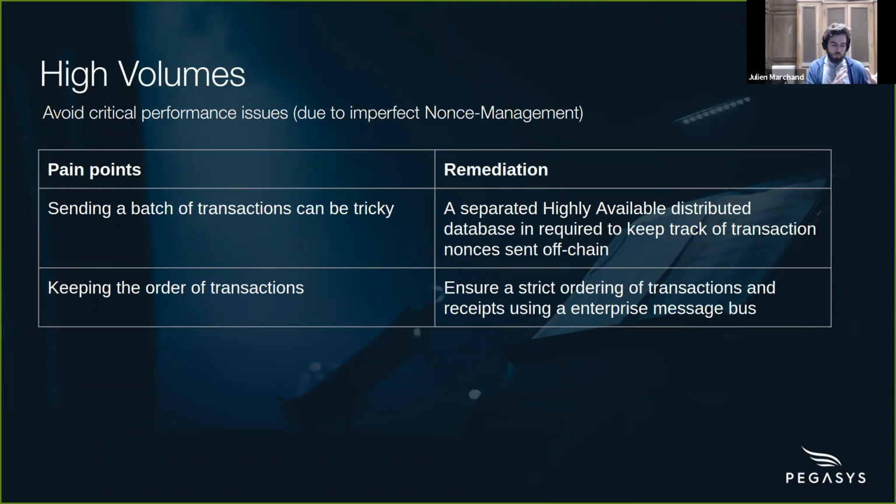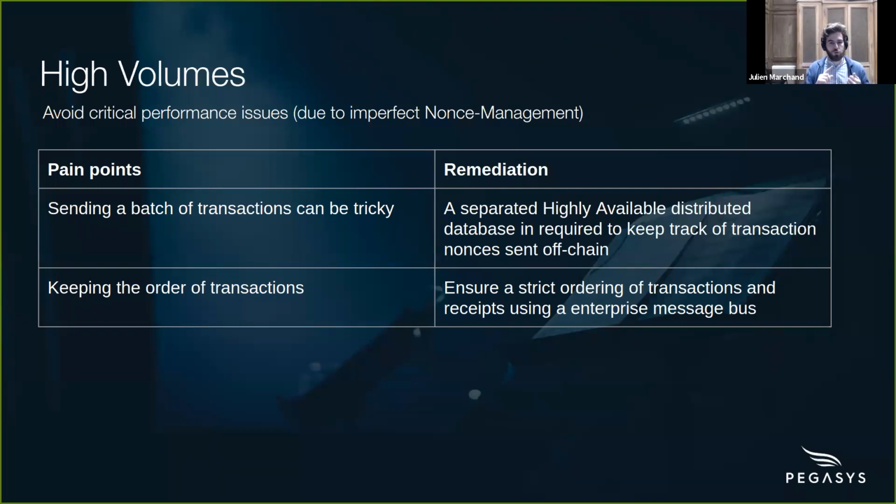Because when you send a batch of transactions, you need to keep track of the nonce of each transaction, and you need to assign the nonce of your batch properly to each transaction, and then you can send the batch to the node itself. This is what we call nonce management.